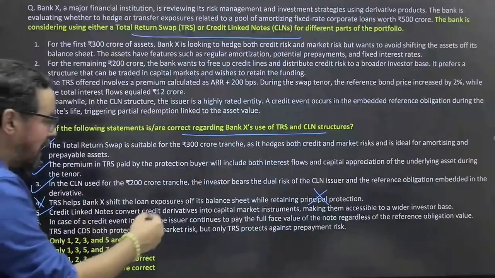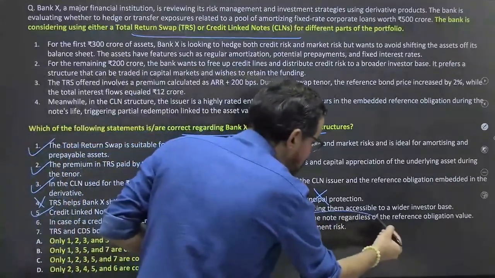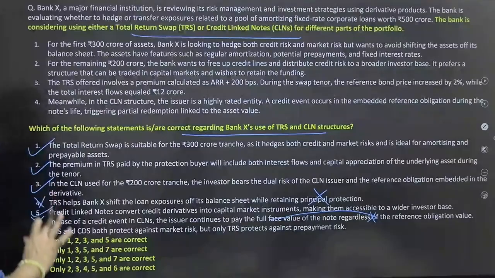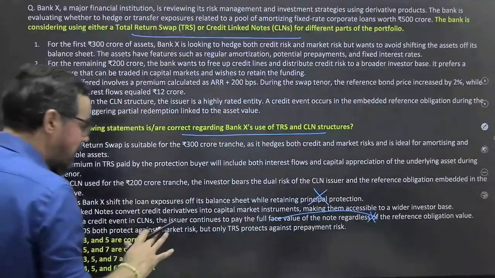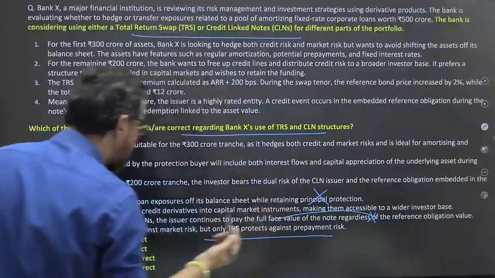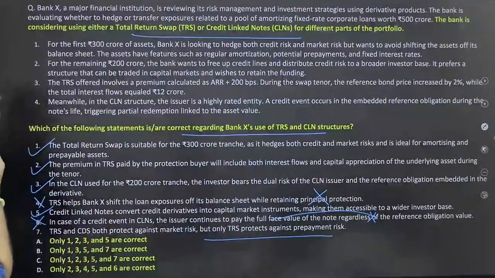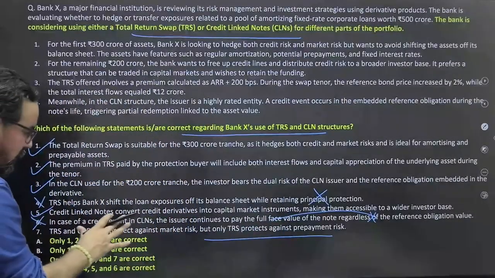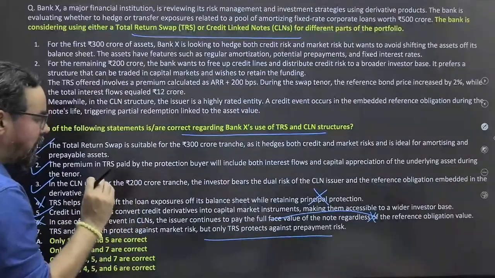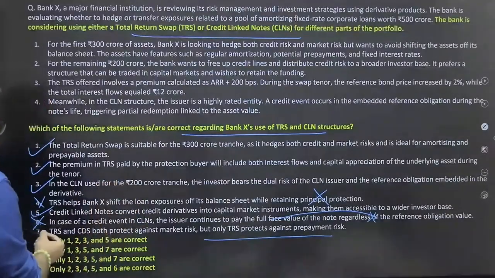It is linked with the reference obligation value, so this statement is also wrong here. TRS and CDS both protect against market risk, but only TRS protects against prepayment risk. This is also correct.